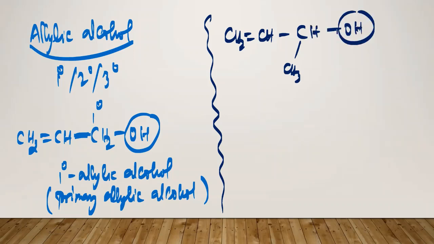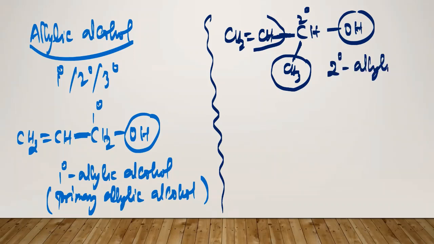Now OH is present on an sp3 carbon here, and this carbon is directly attached to 2 other carbons, one this and one this one. So this is a 2 degree carbon, and the OH group is present on a 2 degree carbon. We can call it 2 degree allylic alcohol, or secondary allylic alcohol.